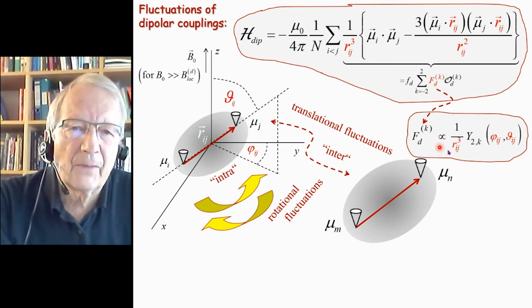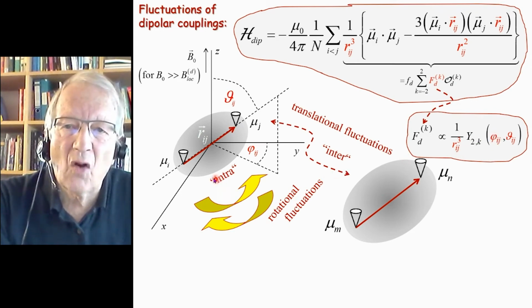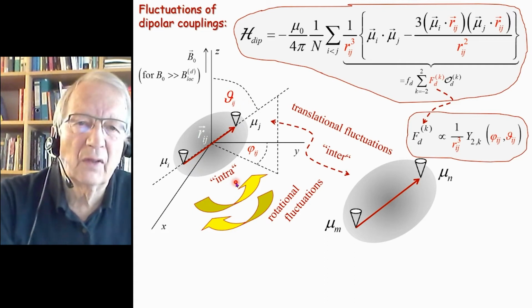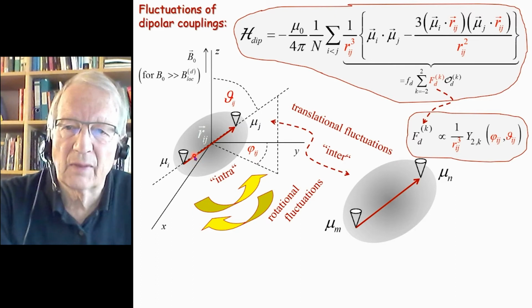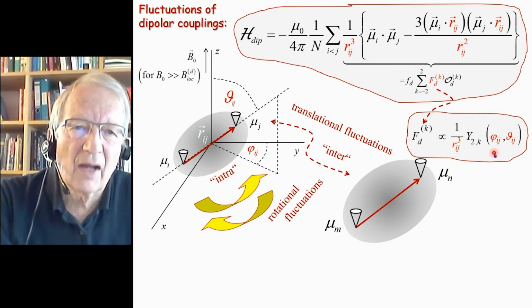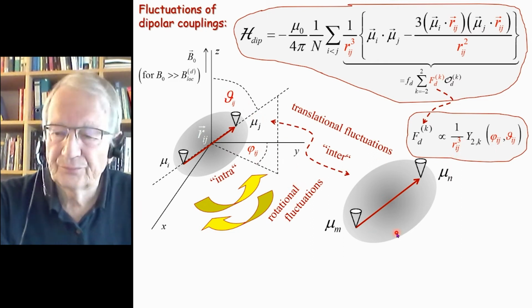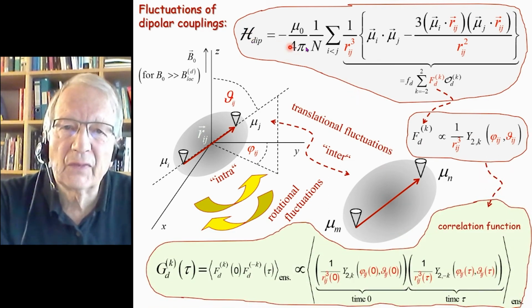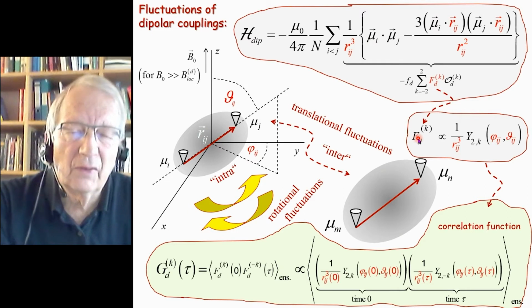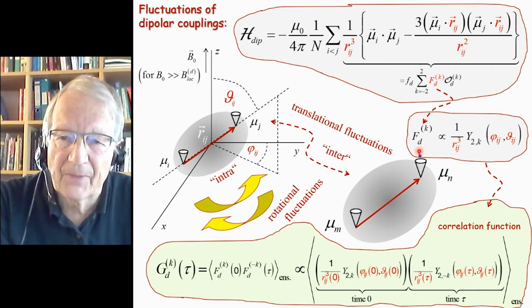This function f describes the orientation and the distance of the interacting dipoles. We have the distance r sub j, and we have the azimuthal angle and the polar angle. Now, when we form the correlation function of this dipolar interaction, we thus have to form the correlation function of these functions f.